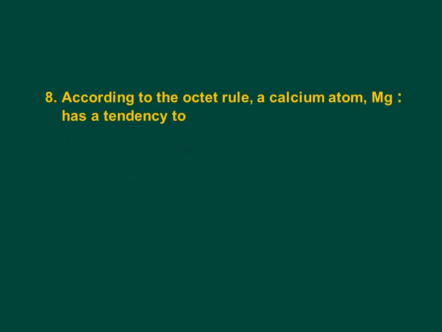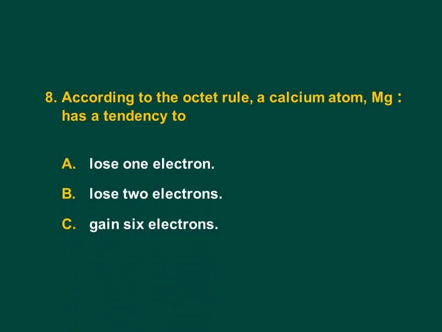Question 8. According to the octet rule, a magnesium atom, Mg, has 2 electrons in the outermost energy level, and has a tendency to lose 1 electron, lose 2 electrons, gain 6 electrons, or gain 2 electrons.